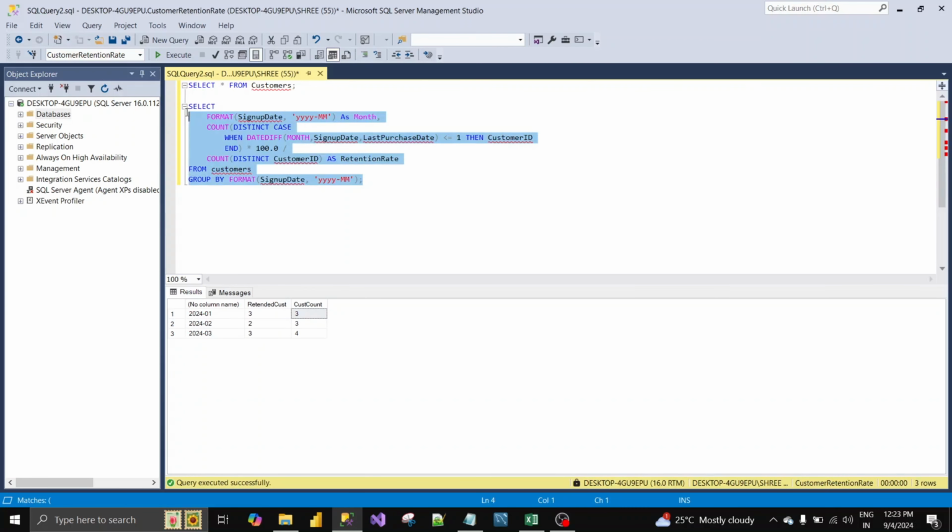Okay, let's run the query and see the output. If you see, for January all three registered and three purchased within the same month, so 100%. As we have discussed, for February two customers purchased out of the three, so it was around 66%, and for March three of the customers purchased out of the four, so 3 by 4 is 75%.